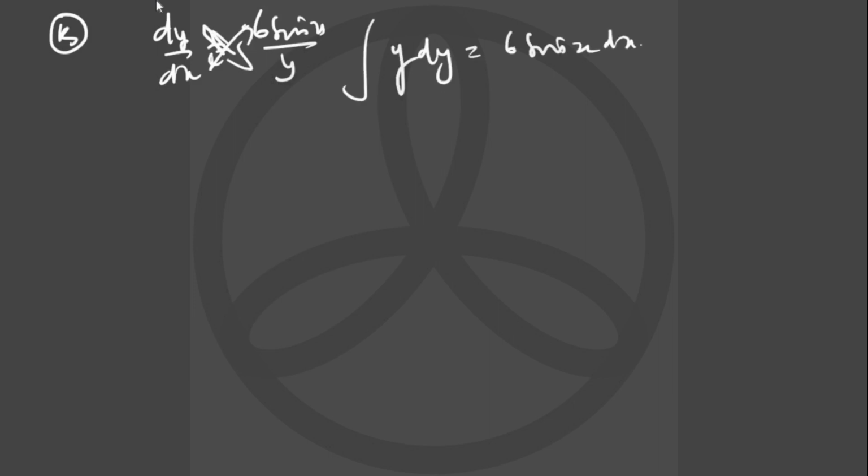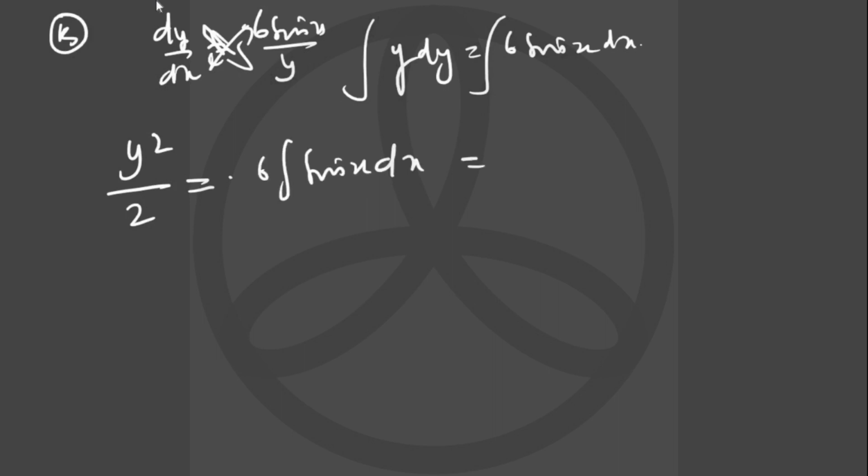We can apply integration easily because these are variable separable equations, beautifully separated on either side of the equal to sign, and so we have y squared divided by 2 is equal to 6 integration of sin x dx, and we know differentiation of cos x is equal to minus sin x, and integration of sin x dx is actually minus cos x.